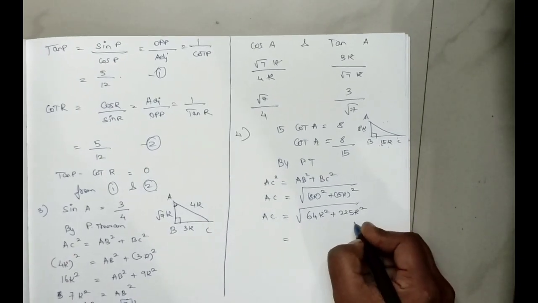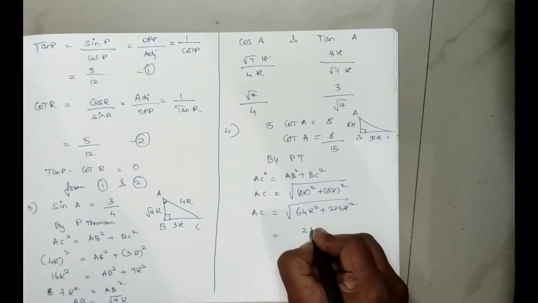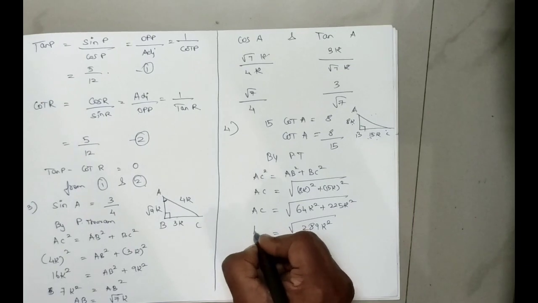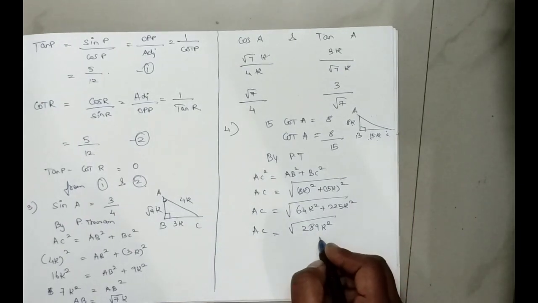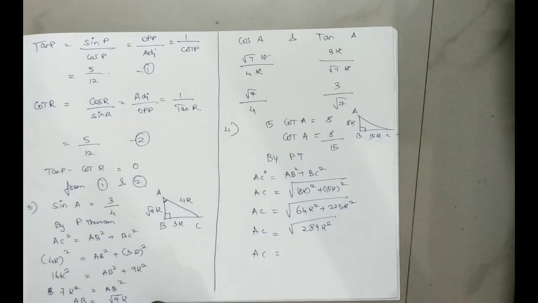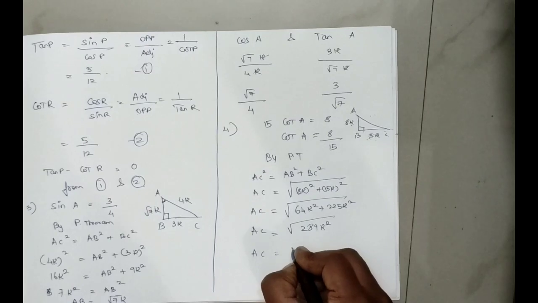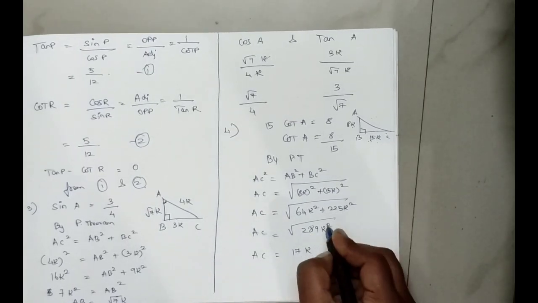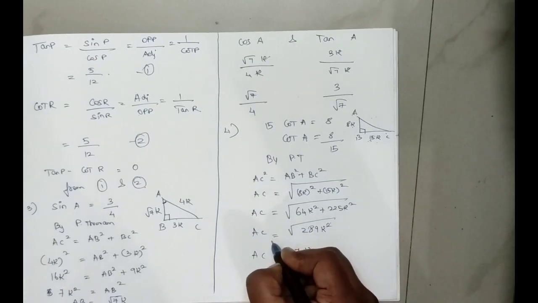So it is going to be 289k square under the root for AC. So when it comes out of the root, this is going to be k. Square and root you can cancel, you know that.